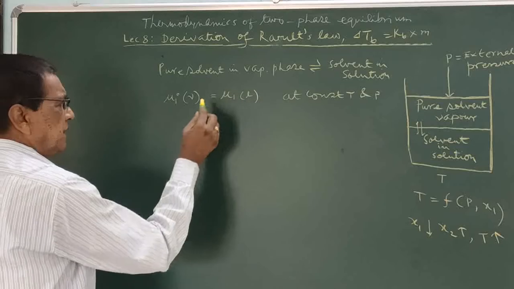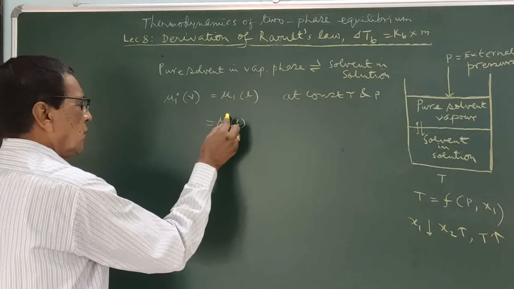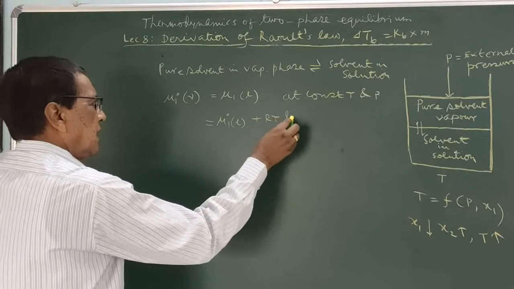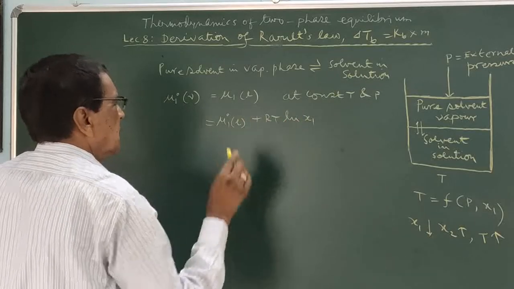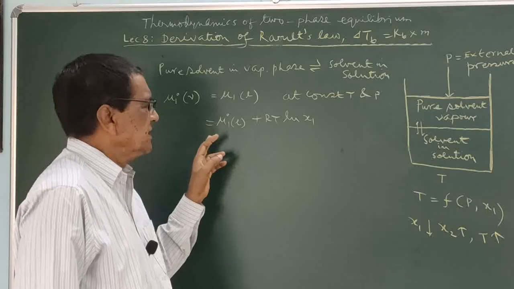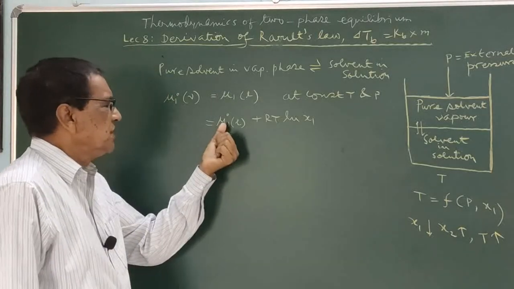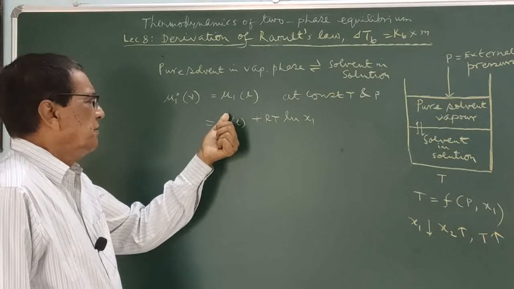If we expand this one, it is mu1 naught L plus RT ln x1. This chemical potential of the solvent in solution is expanded in this fashion, where mu1 naught L is the chemical potential of the solvent in liquid phase in pure state.